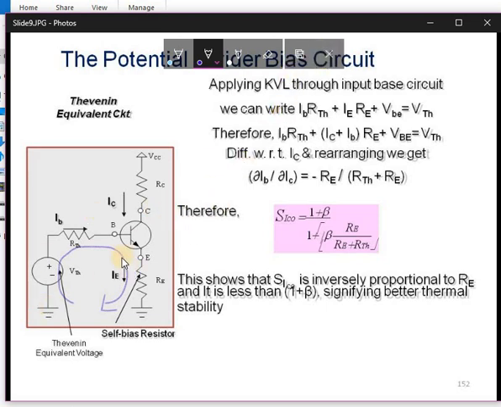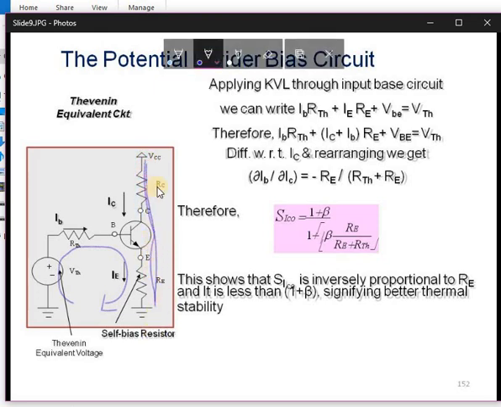Next, if you want to calculate the collector current IC, we can apply the KVL at the collector circuit, from VCC to RE.